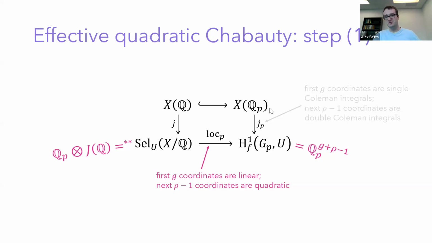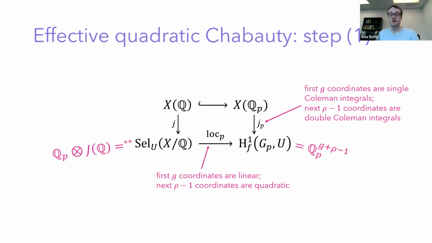And then the final thing I'll describe on this diagram is this non-abelian Kummer map j_p going from the Q_p points to your local Selmer scheme, which is this g plus rho minus 1 dimensional space. In terms of these coordinates, the first g coordinates of this map are given by single Coleman integrals, the same thing we saw for the quotient U1. But the next rho minus 1 coordinates of this map are slightly more exotic functions.